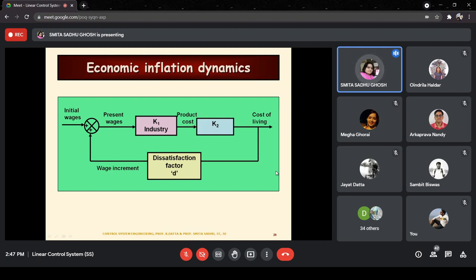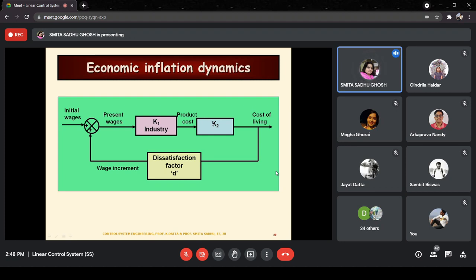If for some reason the cost of the product increases, and this is just a factor K2 written over here, the workers who are working in the industry have to buy the same product. Say, for example, toothpaste is being produced by that industry, and the cost of toothpaste has gone up.